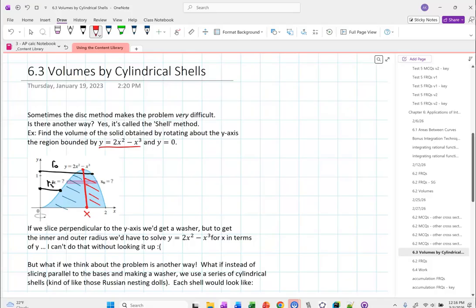The thickness of these open cylinder shells is going to be a dx thick, infinitesimally thin. We're going to add up all those volumes, and we're going to end up with the volume of the whole thing. Is everybody okay with the plan? Okay.